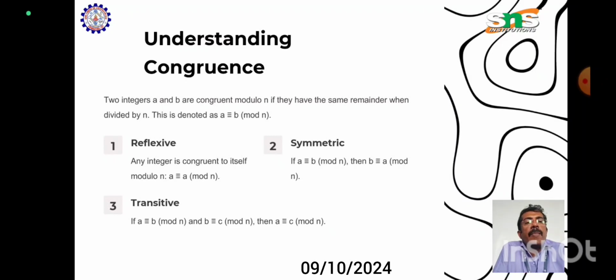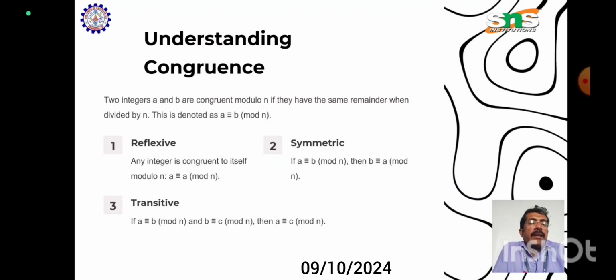This congruence property satisfies the equivalence relation properties, that is, it satisfies the reflexive, symmetric and transitive properties. Any integer is congruent to itself, that is, a is congruent to a mod n.